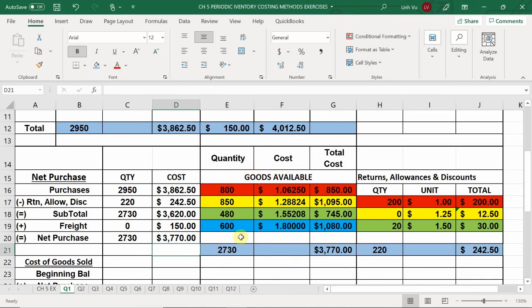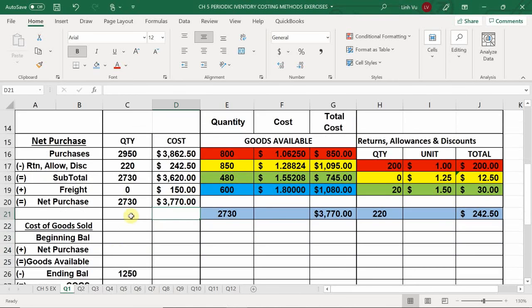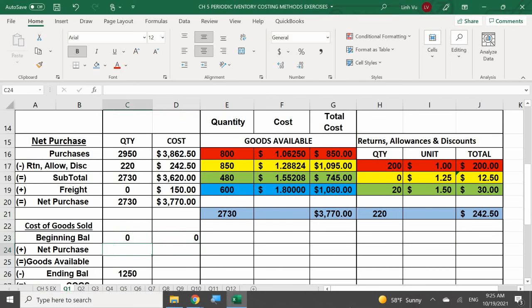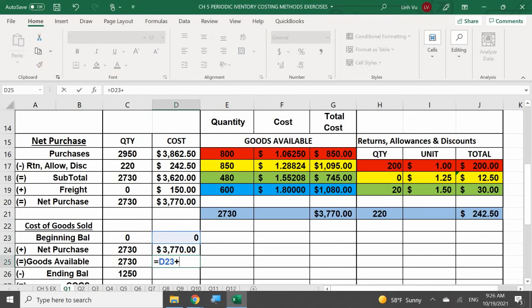Now, remember, I named this goods available, but because we don't have beginning inventory, whatever our net purchases was is going to be my total goods available. In this case, there you go.